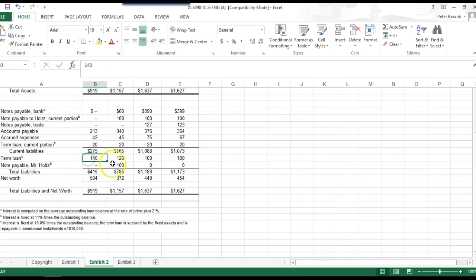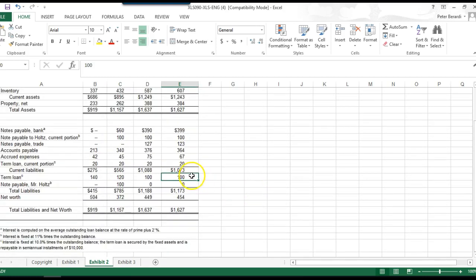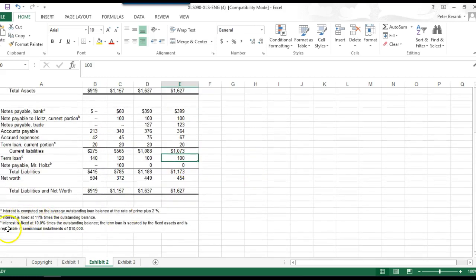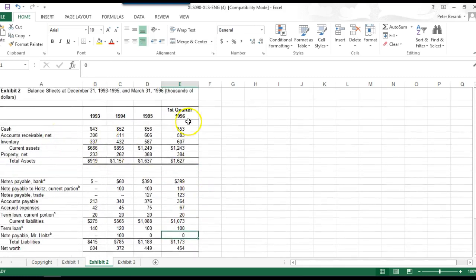So your term loan looks like it's going down $20,000 a year. So you could adjust this by 20 grand, apply your interest rate, and so on. A note payable looks like that's all gone. So you really just have to focus on these areas to estimate what they would be.